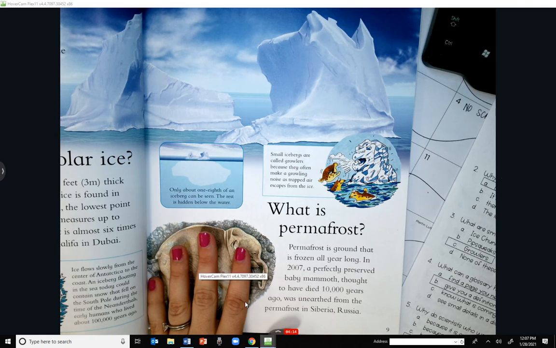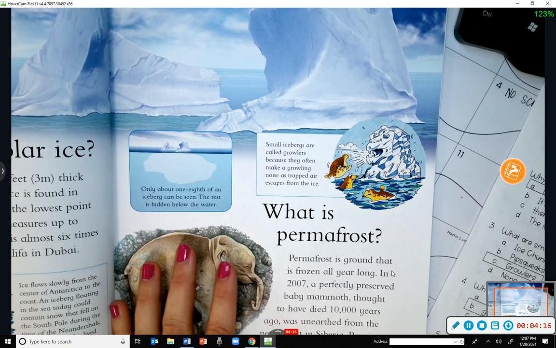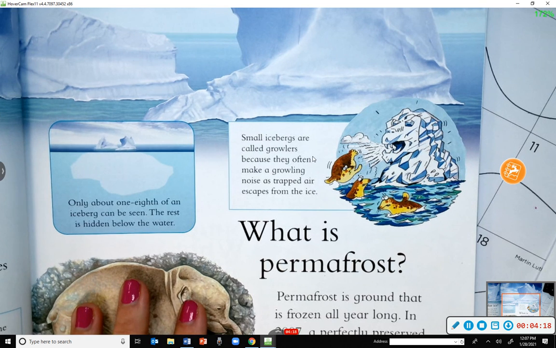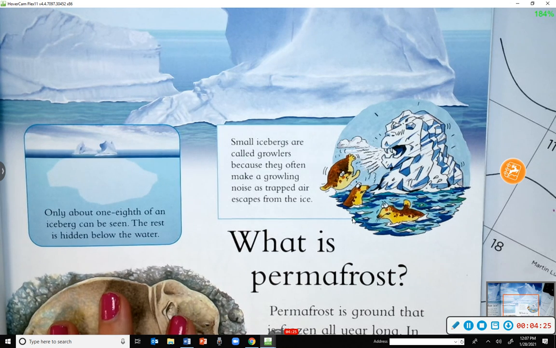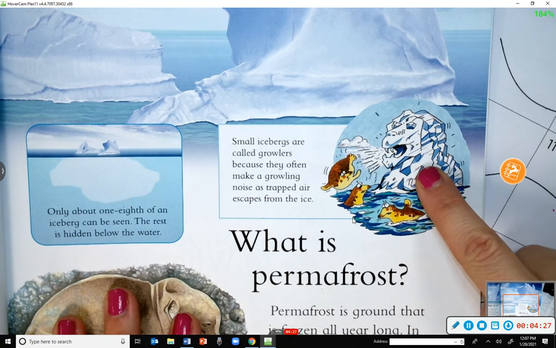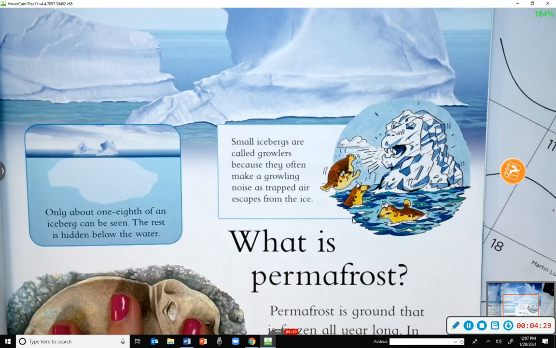So let's look back in the book. We can't remember. Right here, this little box. Small icebergs are called growlers. And see the picture? It looks like an animal growling.